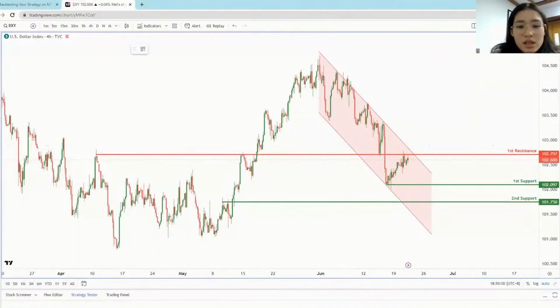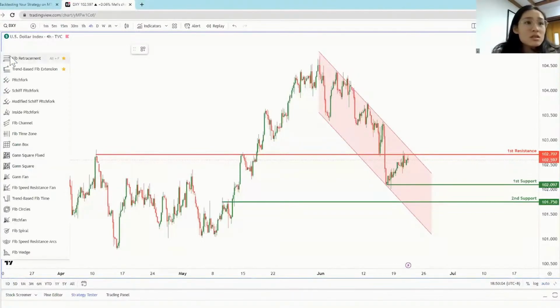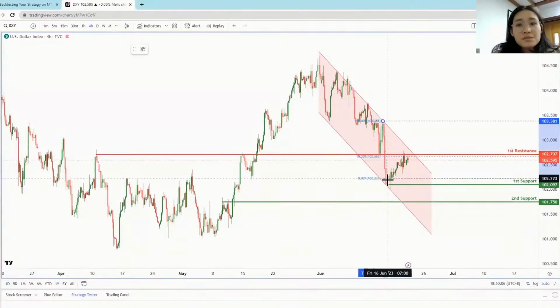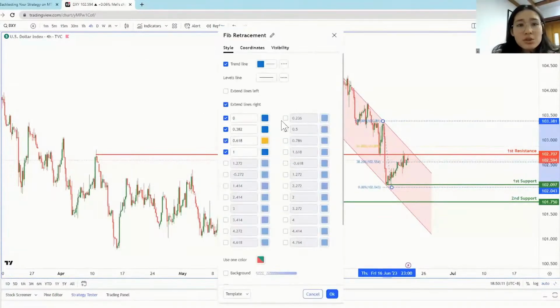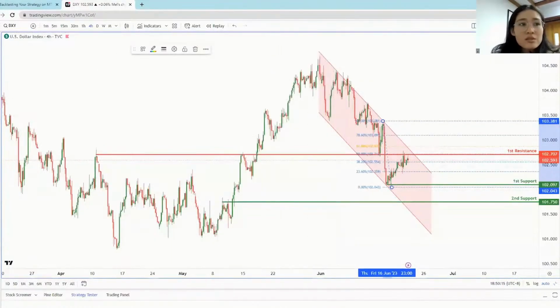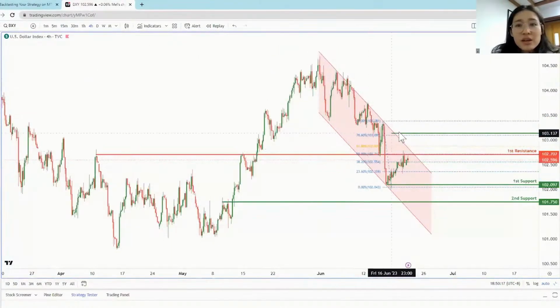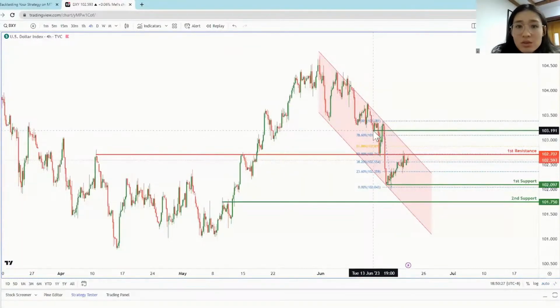So let's get started with our Fibonacci levels. So same thing, now I'm looking for a retracement. So earlier I mentioned that I will leave my second resistance for later. So this is the reason why. I'm just going to use my Fibonacci to help me.